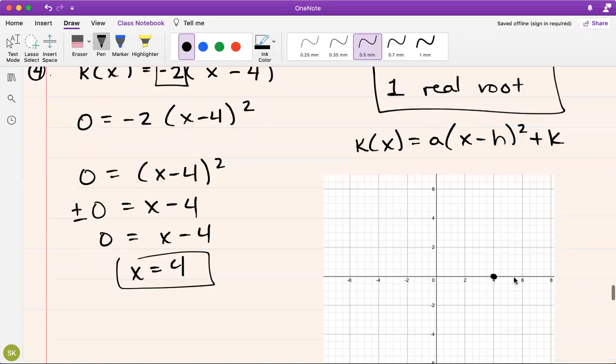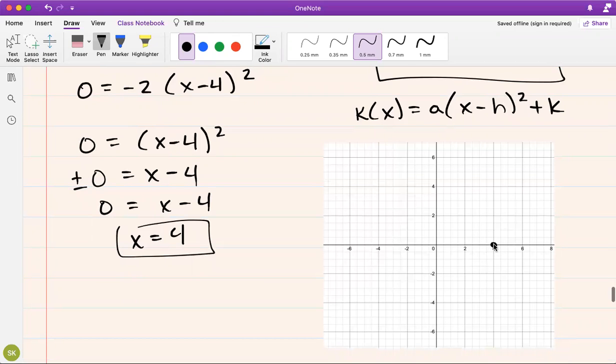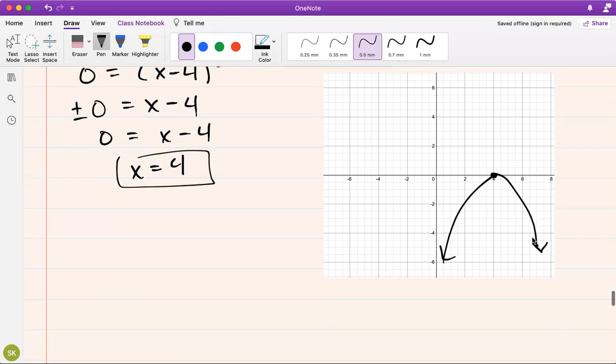And remember I said that if we have one real root, it's the vertex and it lays on the x-axis. So we're pointing down like this. We can be more careful by finding another point. You can do that. I'm just going to move on because we've discussed it before. But you could find one point, maybe the y-intercept, and that can help you draw this graph. But this is the idea of what it looks like.